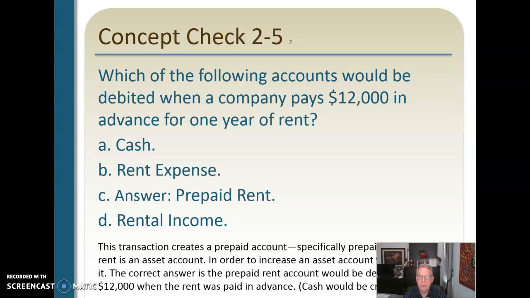Answer Charlie. One more time, probably for the 10th time you've heard today, prepaid rent is not an expense. It's an asset. We have not used up that prepayment yet. So it sits on the balance sheet until we do that. You'll see how that works in subsequent chapters.